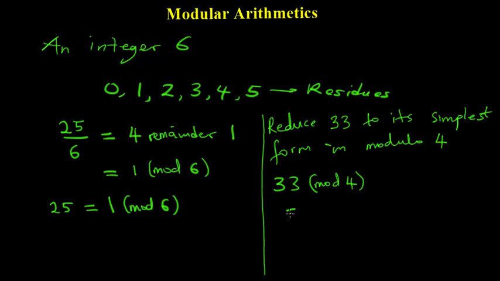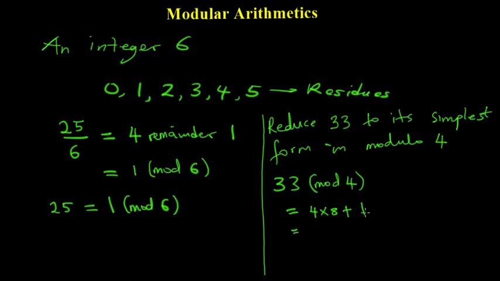Now this is going to be 4 multiplied by what will give us something closest to 33? Yes, 4 times 8, which is 32. Now this is 32, so we need to add 1 to it to make it 33.